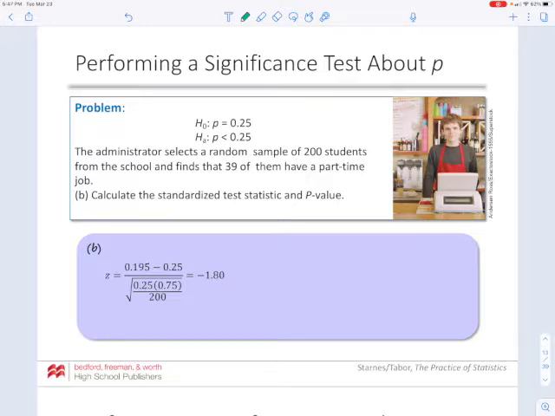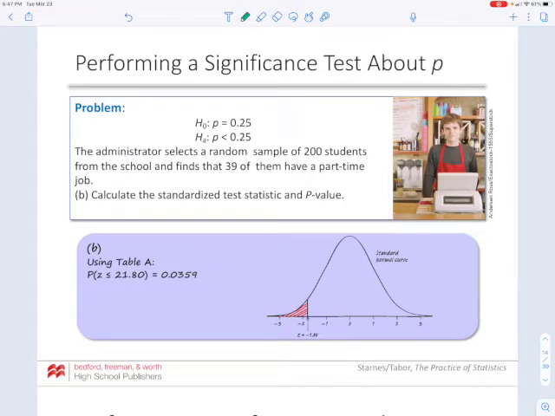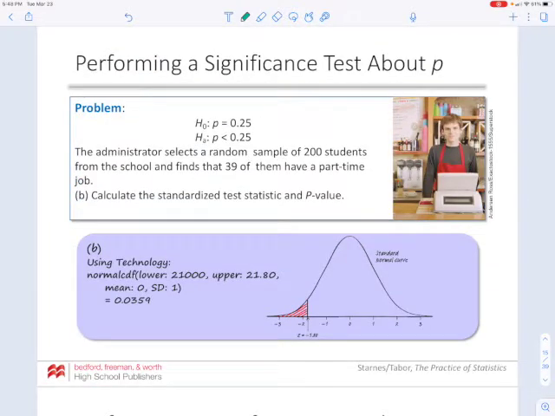Calculate the test statistic. We take that sample value, 0.195, and subtract the parameter, which is the claimed value of 0.25, divided by that standard deviation. So our test statistic is negative 1.80. Now we need to find the p-value that corresponds to that. Using your table, we get 0.0359, or using your calculator, we get 0.0359.